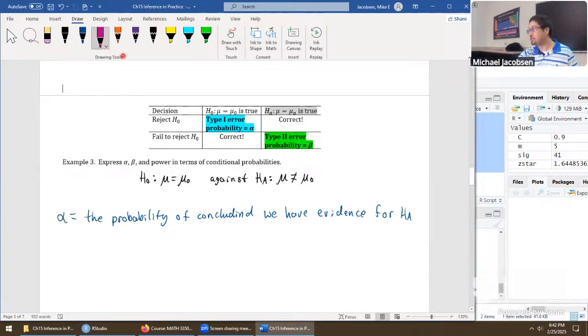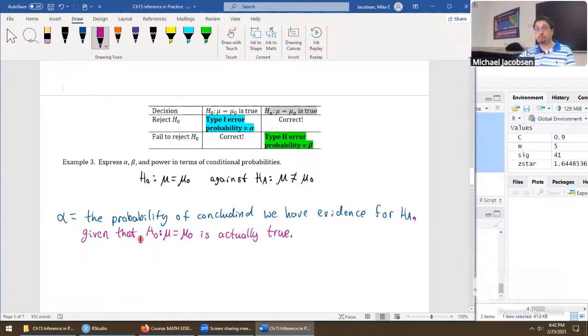And here's the big catch-all statement. So we rejected H naught, which means we concluded we have evidence for HA, but this is, let's say, given that, or under the assumption that H naught, mu equals mu naught, is actually true.